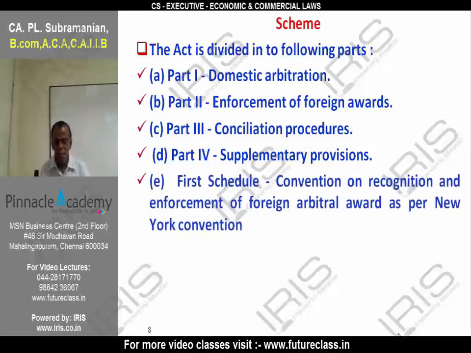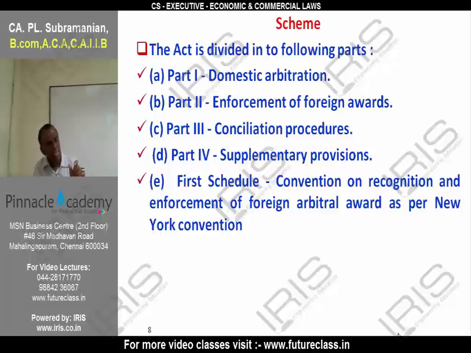Then the First Schedule: the Convention on Recognition and Enforcement of Foreign Arbitral Awards as per the New York Convention. There was a meeting in New York, and they decided the case of foreign awards, the recognition and enforcement of foreign arbitral awards. If an award is given in London, how is it to be enforced in India?